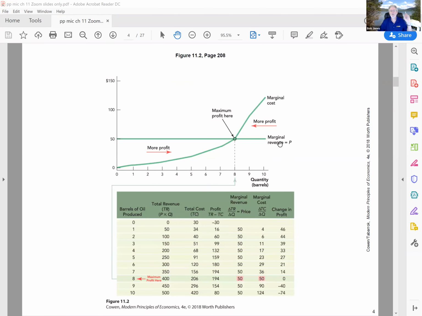And that's what we're seeing here. For a competitive firm, their marginal revenue is just equal to the price. Now remember, marginal revenue is defined as the change in total revenue over the change in quantity.